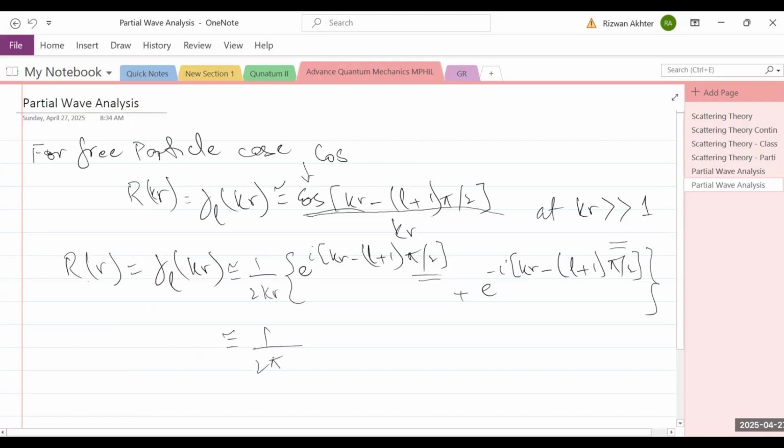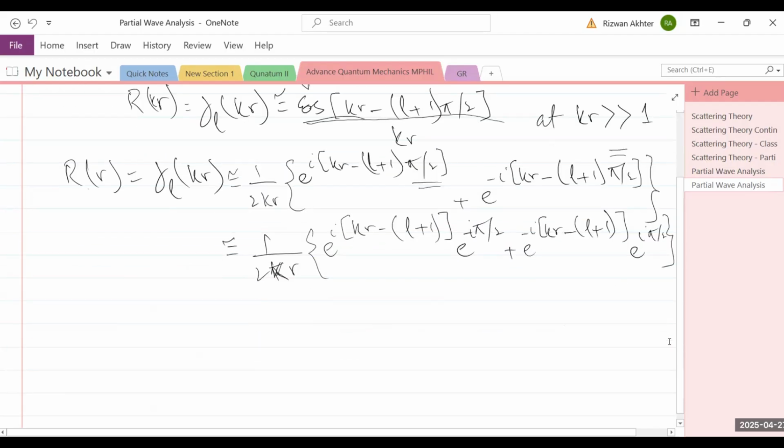So this is 2kr. Then we have e to the power iota kr minus l plus 1 bracket close. And then we have this quantity e to the power minus pi by 2. So we have this iota pi by 2 plus e to the power minus iota kr minus l plus 1 bracket close. So e to the power plus iota pi by 2 the other factor, and this is close.